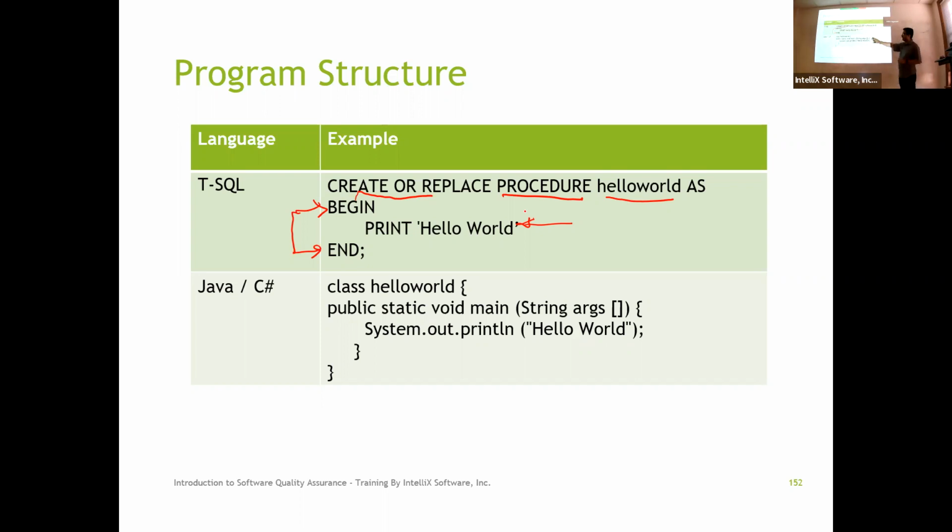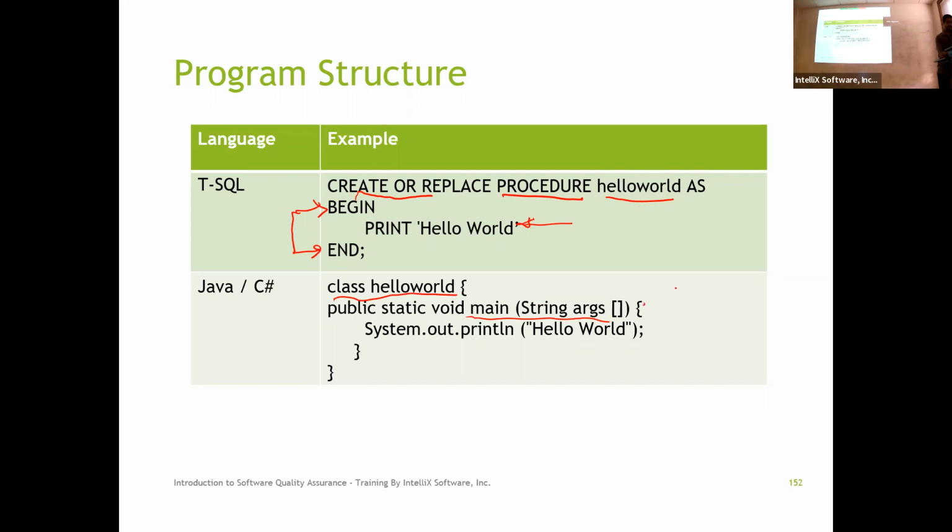Same outcome if I want to do it in the Java language. This one is called a class, which is a constructor, more of a block declaration. Inside that, they have something called main, which is nothing but the starting point in any Java program.